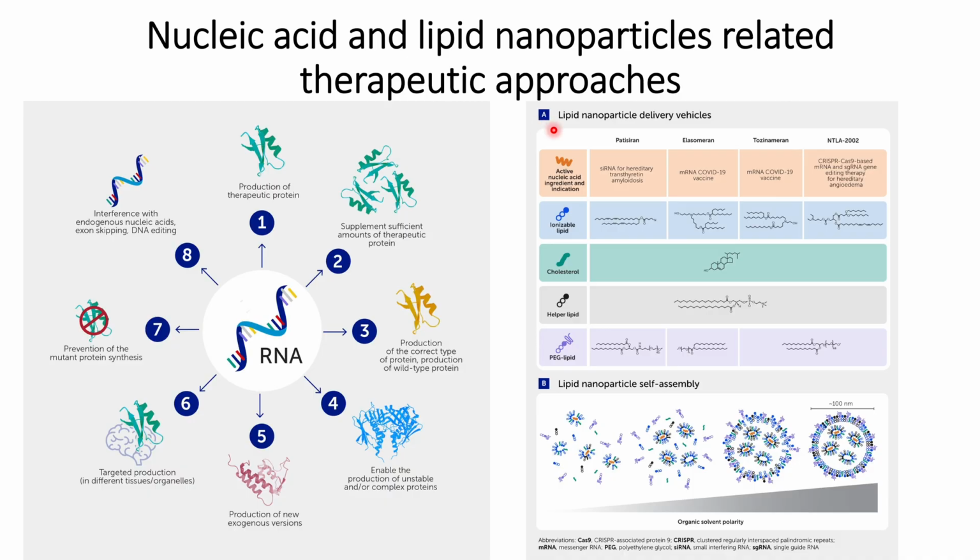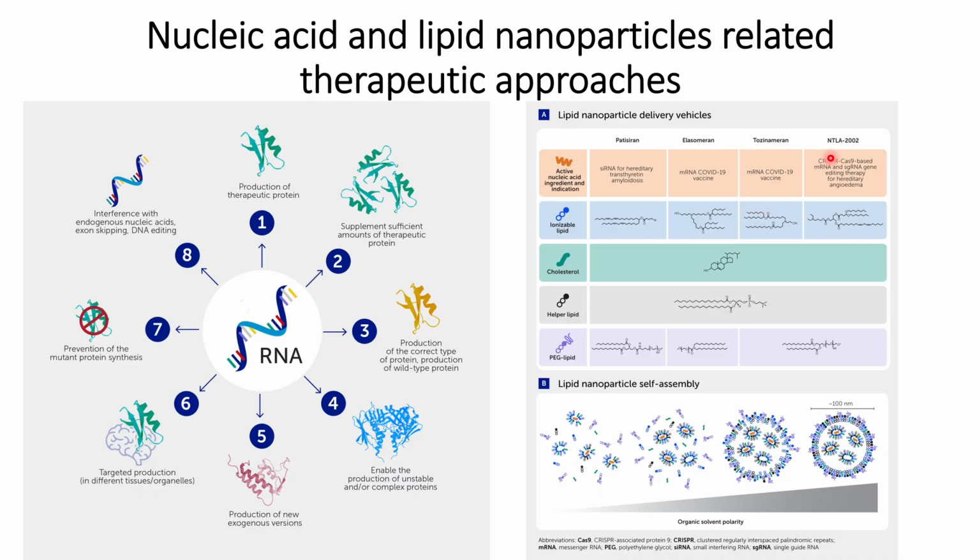Now we will also discuss some of the lipid nanoparticle delivery vehicles. These have recently gained much attention, and some have been approved by the FDA, such as patisiran, where silencing RNA is used to treat amyloidosis, and other examples, such as the mRNA related COVID-19 vaccines.